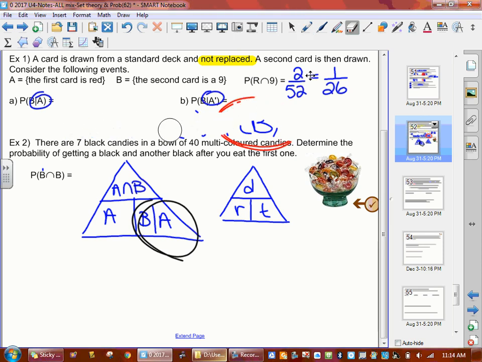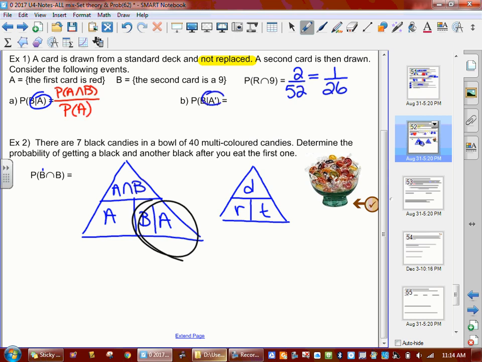We've got to write the equation down, and then we've got to fill it in. So we need to put down probability of A and B divided by probability of A.